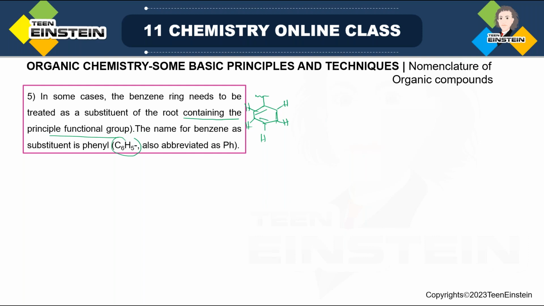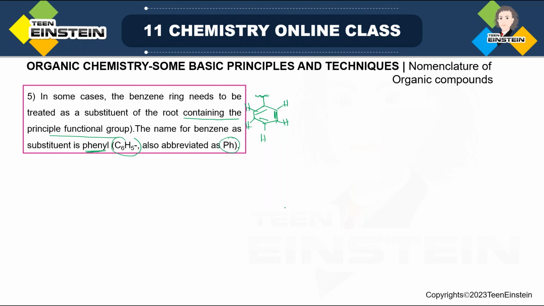It is because of aromaticity that will be discussed separately. So see when it is a substituent, one hydrogen is less. So that is why it is C6H5, not C6H6. C6H6 means the whole benzene ring, but now there is one hydrogen less. So it is C6H5, and when you write the name, you have to write phenyl.